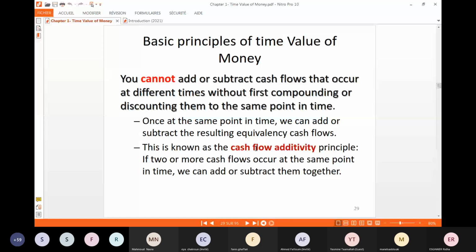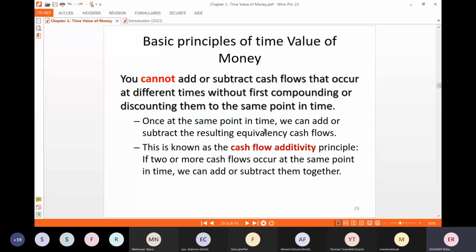Now, according to this principle of time value of money, $1 today is different from $1 that we will receive or pay in the future. So here we can't sum two cash flows that will occur at different dates.